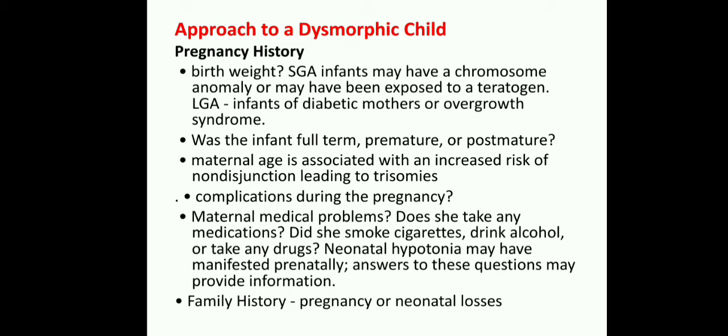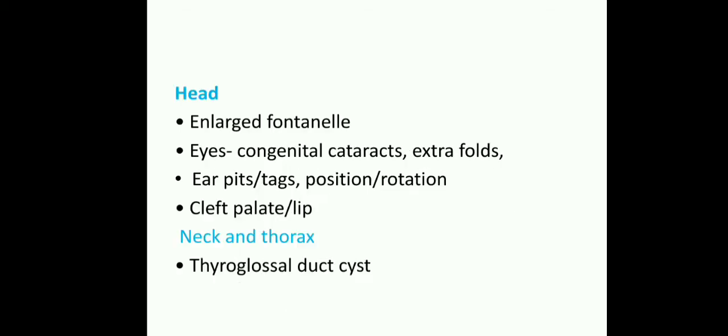And next one is maternal medical problems, and does she take any medications, did she smoke cigarettes, drink alcohol or take any drugs, neonatal hypotonia may be manifested prenatally, and answers to these questions may provide information. Family history, pregnancy history and neonatal history, any neonatal loss, everything you have to take history of during the pregnancy.